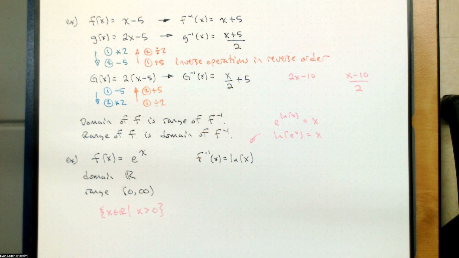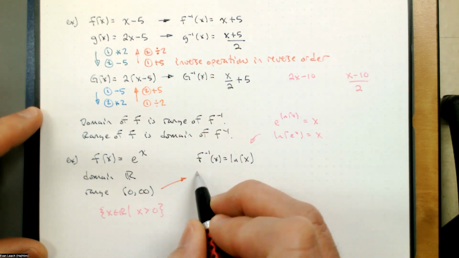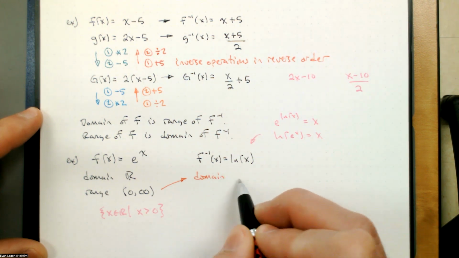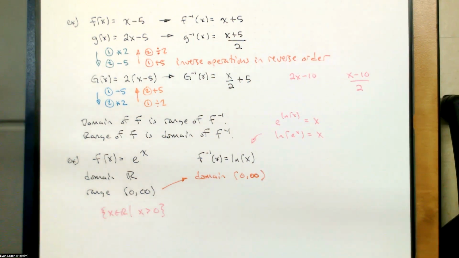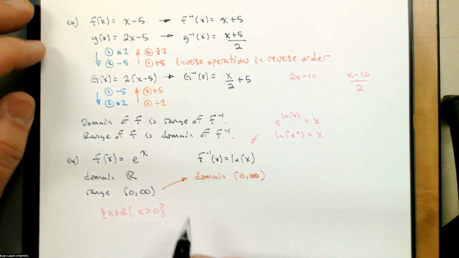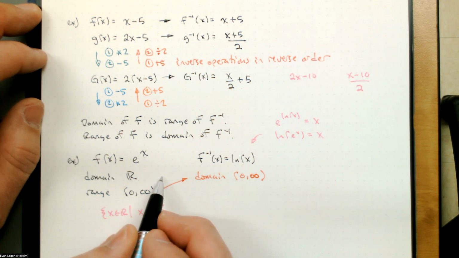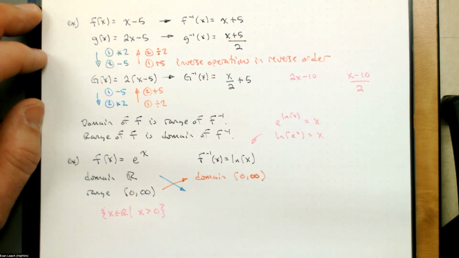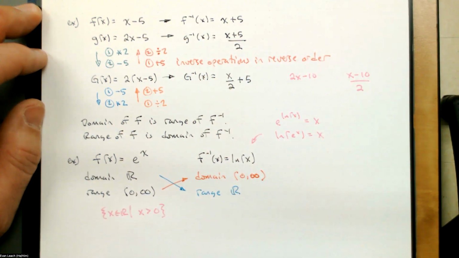And what this means for the natural log is that the domain of natural log is the range of the function of e to the x. And since the domain of e to the x is all real numbers, the range of natural log of x is all real numbers.